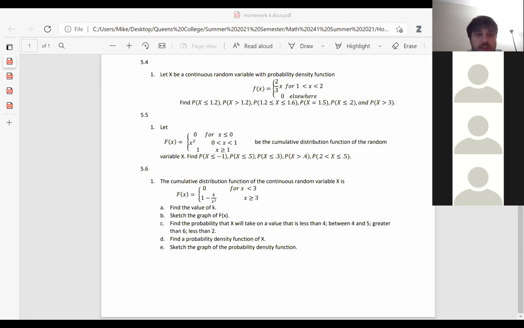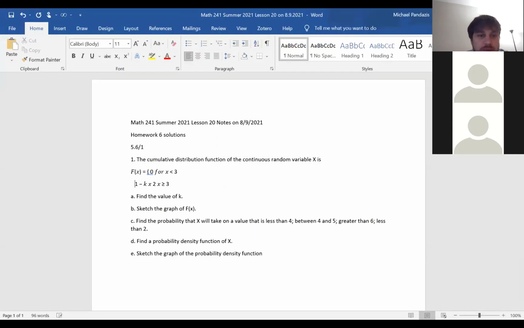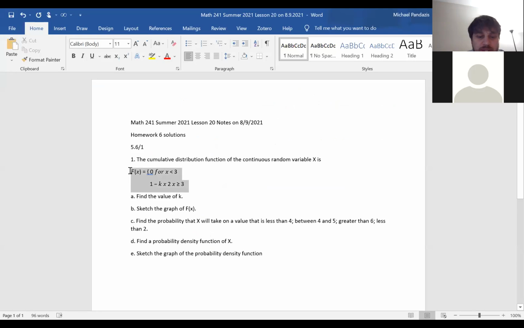Okay, so number 1, we have this. So this is 5.6 number 1, 0 for x less than 3, and for x equal to 3 it's equal to that.